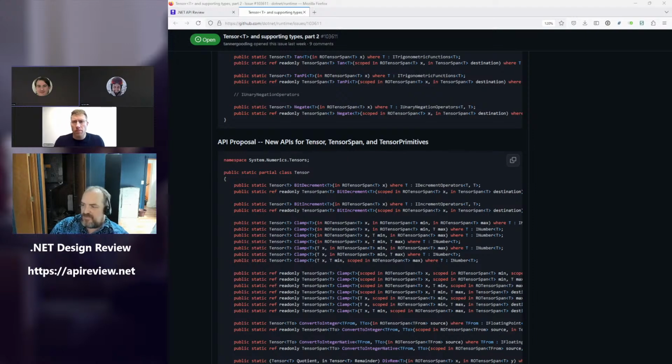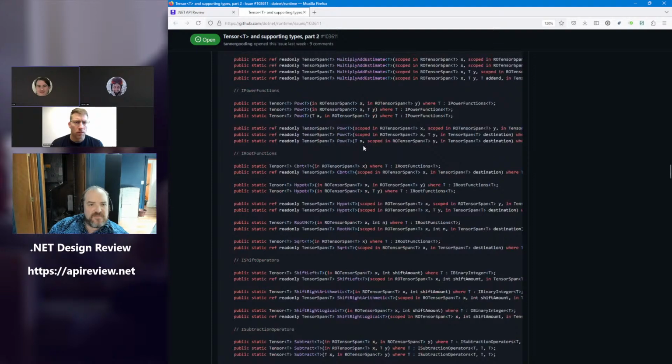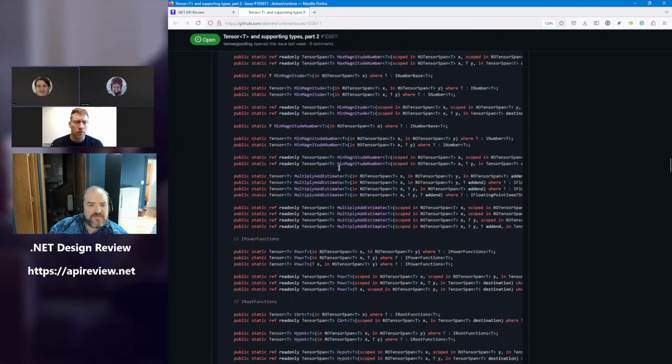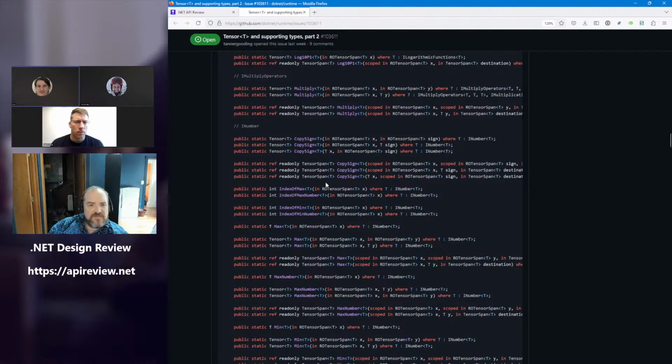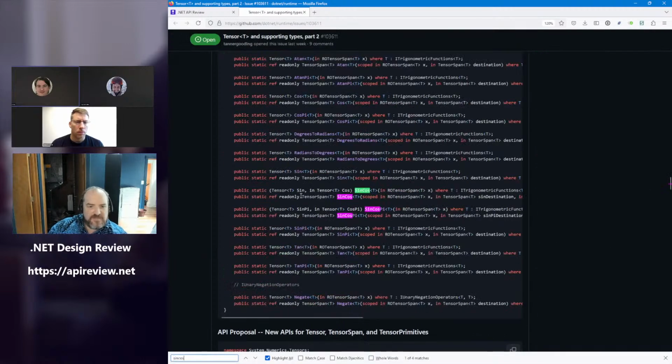Clamp is also one of those newer ones where it exists as kind of min-max, but with specific behavior, and we optimized it for floating point. And so these all exist, and they just weren't part of the initial proposal because of the size and overall scope of everything. And so this is completing it out and making sure we have the parity that we've decided exists across scalar and vector so far, and so should exist for tensor as well.